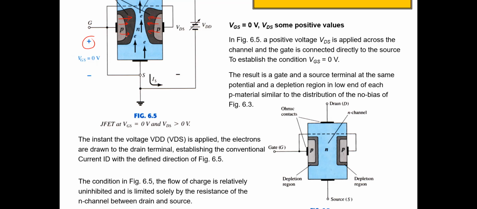So if VGS is equal to 0 and VDS is some positive value, there is a depletion region between the p-types, and the electrons can move from the source to drain, or the current from drain to source will move also.